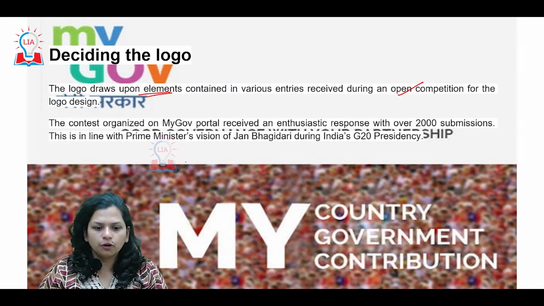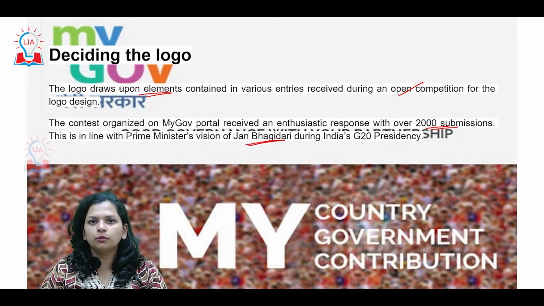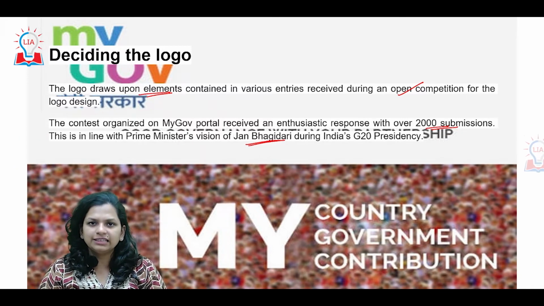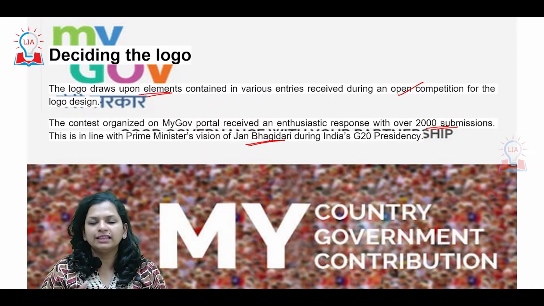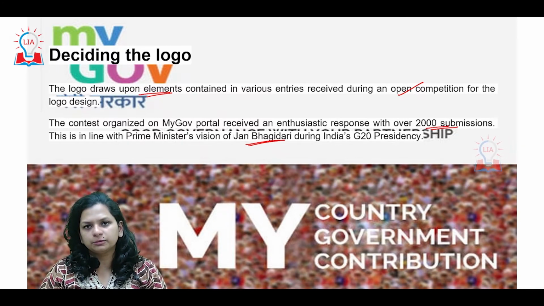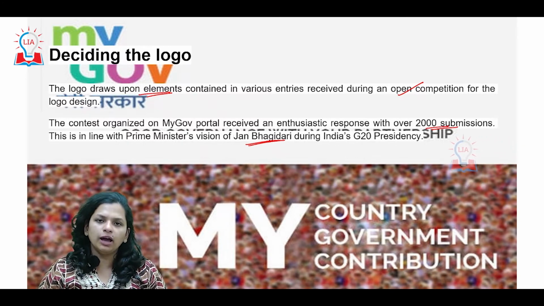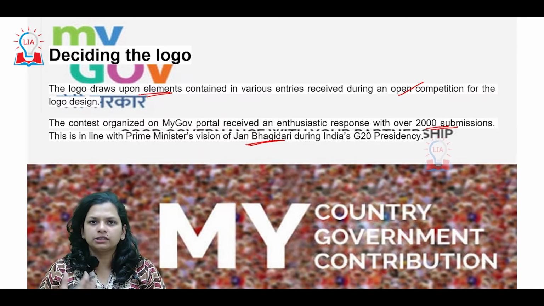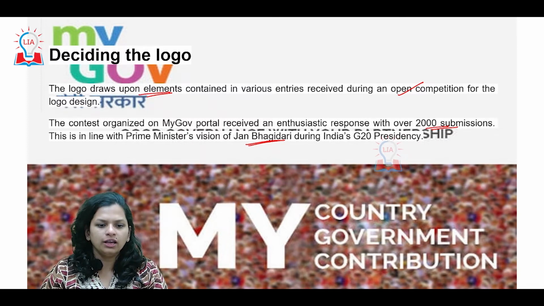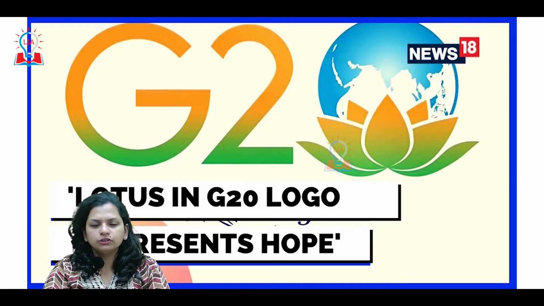This competition received over 2000 submissions, and the whole idea behind it is public participation, Jan Bhagidari, whereby the government does not want to function in isolation. It says that we are a government of the public, and one such example of encouraging public participation is deciding the logo. Based on the different entries received, this logo was finally curated.